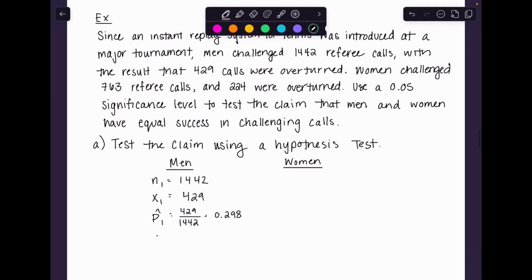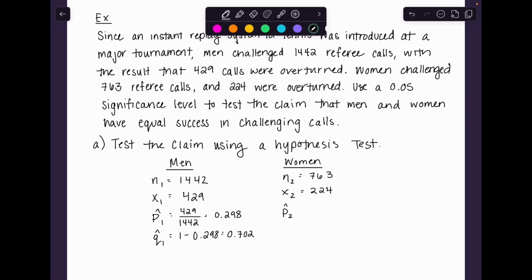So I also need its complement, so I might as well find that. We take 1 and subtract the 29.8%, which gives us that 70.2% of calls were not overturned. For women, this is now a different sample size. So there were 763 challenges, and of those, 224 were overturned.